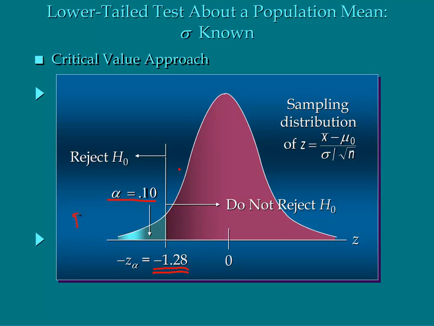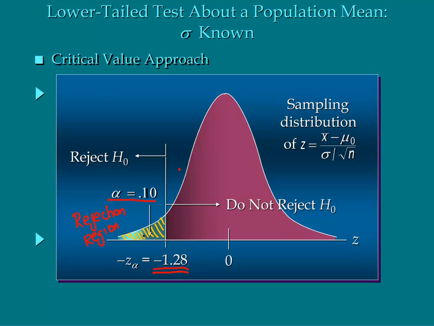And this here is called the rejection region. This area here, let me color it in orange, is the rejection region.